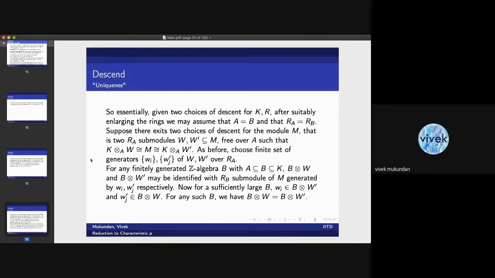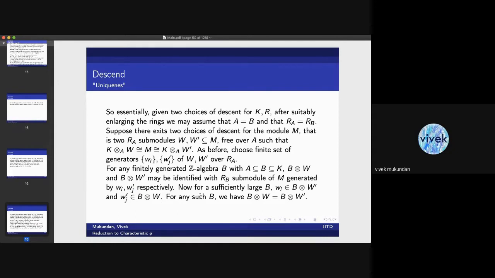And for any finitely generated Z algebra B with A contained in B contained in K, B tensor W and B tensor W prime may be identified with the R_B submodule of M generated by 1 tensor W_i and 1 tensor W_j prime. So for sufficiently large B, W_i sits inside B tensor W prime, and W_j prime sits inside B tensor W.